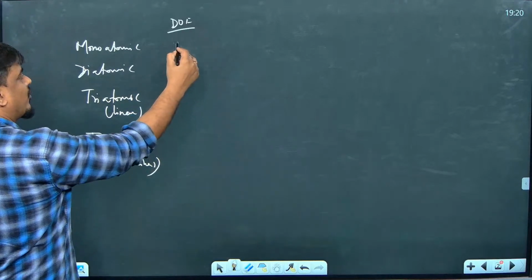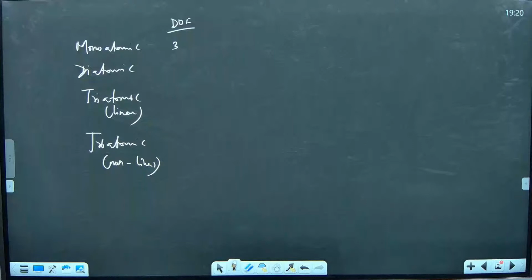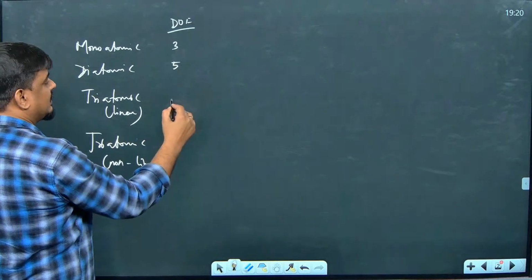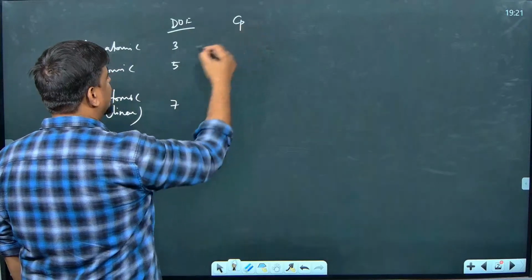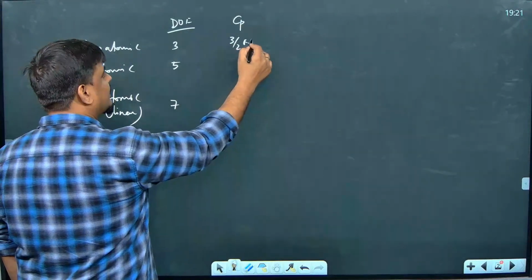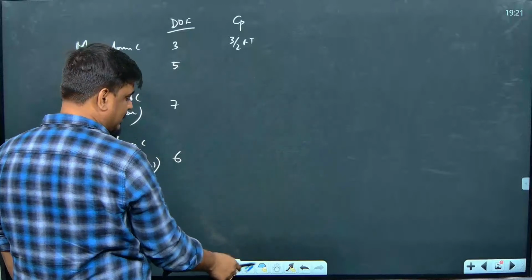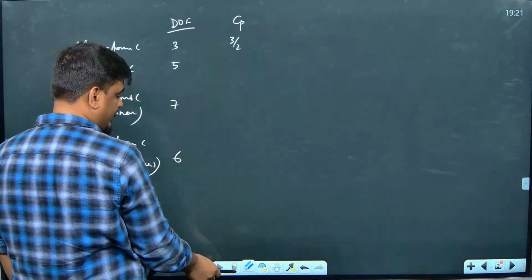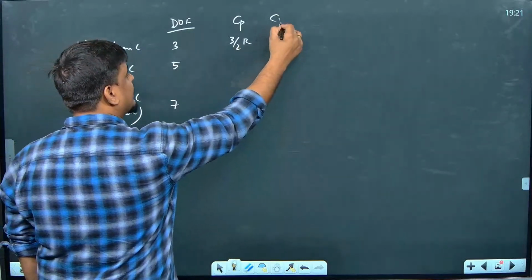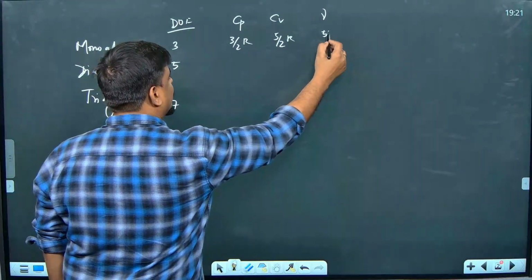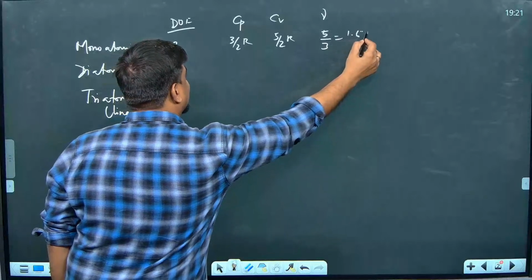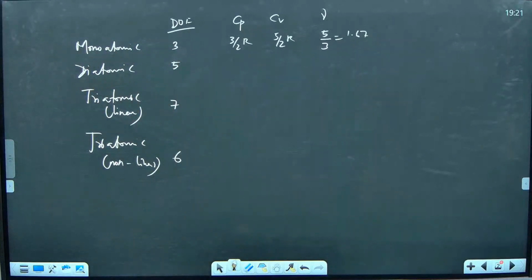Monatomic is 3. For monatomic, Cv is 3 by 2 R, Cp is 5 by 2 R, and gamma is 5 by 3, which is 1.67.